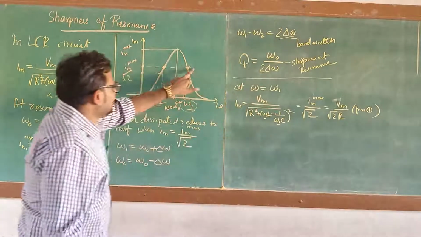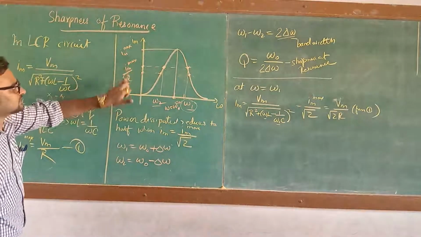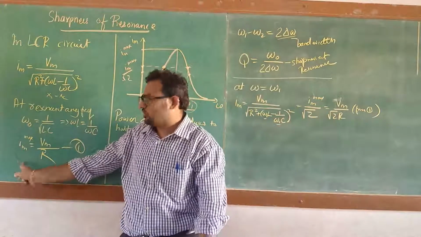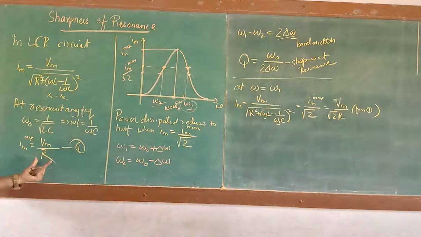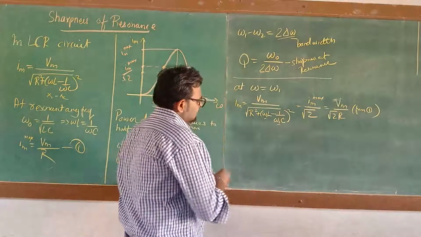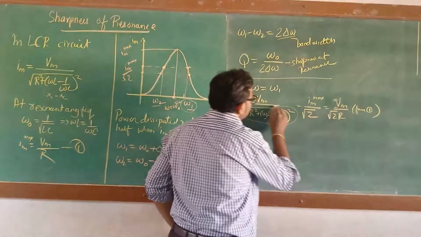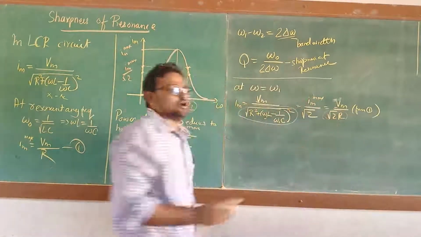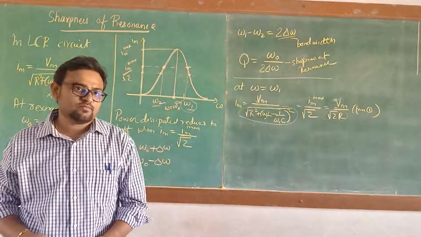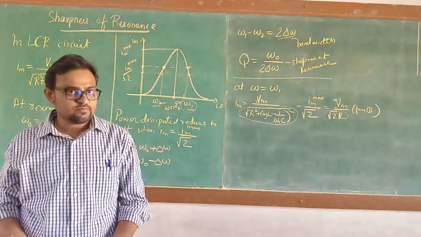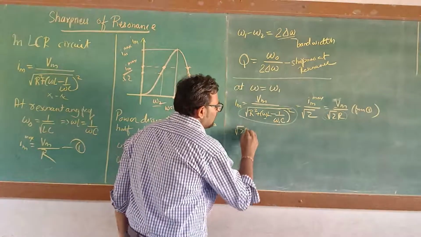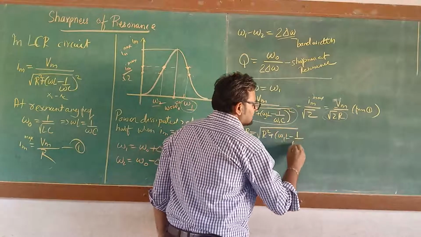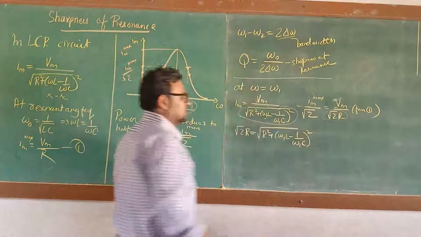But we know from the graph that at this time the value of Im is equal to Im max by root 2, and Im max is Vm by R. Now if I equate these two, Vm is the numerator in both, so the denominators must be equal. So root 2 R will be equal to under root of R square plus (omega 1 L minus 1 by omega C) whole square.